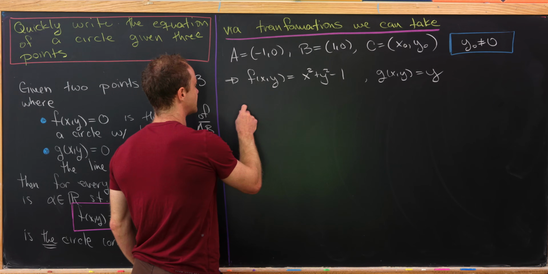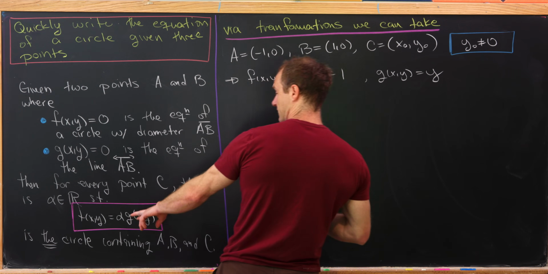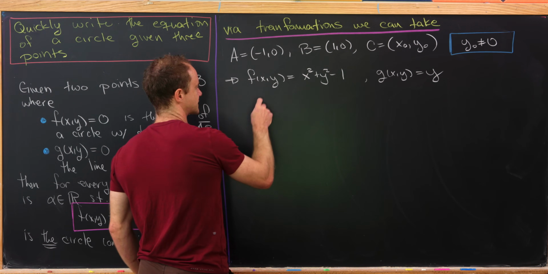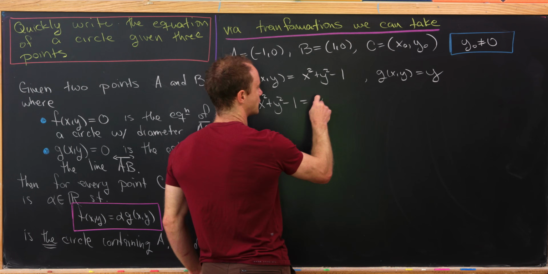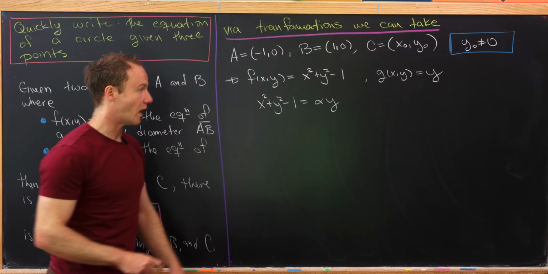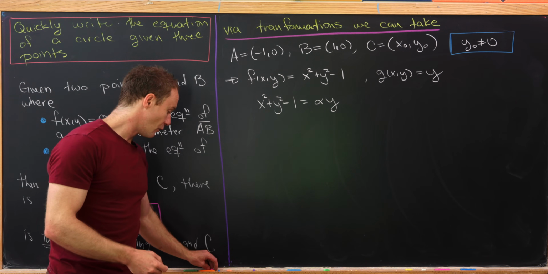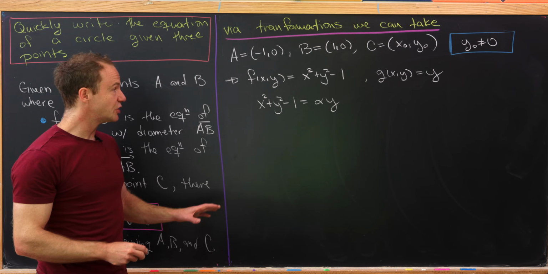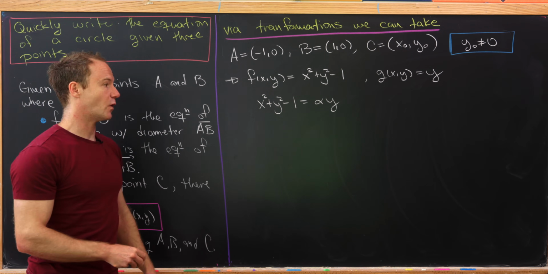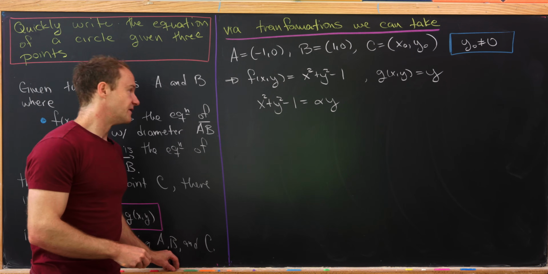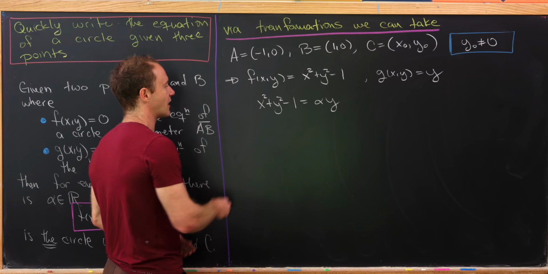And now let's look at the equation f of x, y equals alpha g of x, y. So in other words, we have x squared plus y squared minus 1 equals alpha times y. And now what we'd like to do is tune the number alpha that puts x naught, y naught onto this circle.